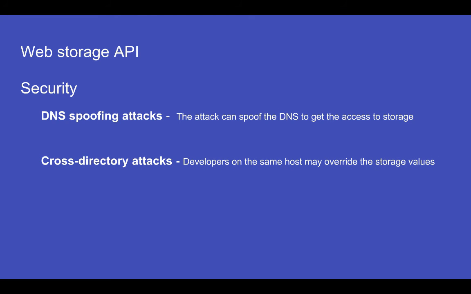And the other one is cross directory attacks. Developers working on the same server might override, because everyone can write into example.com. It means all the developers who are working on that server would be able to write into example.com's storage.